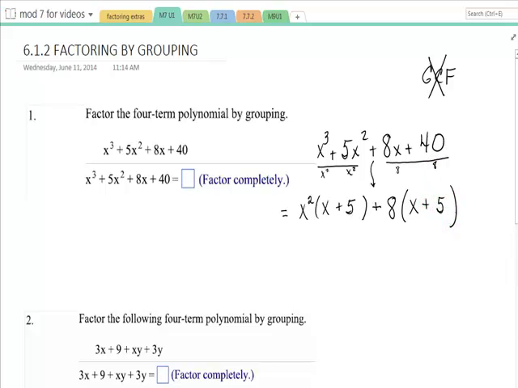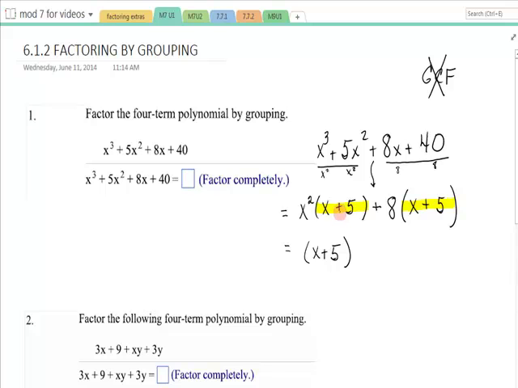Now your problems are rigged. If you're doing it correctly, you will see a binomial there, meaning 2 terms, and the exact same binomial there. You are going to grab it as a common binomial and write it in front.